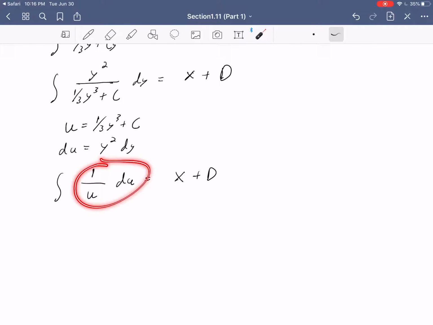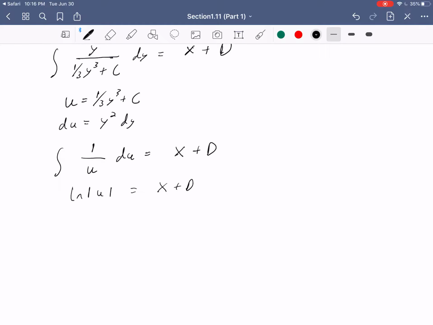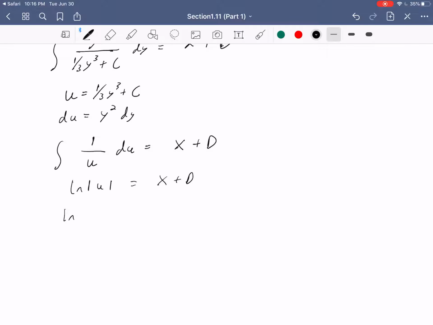Then we can go ahead and integrate that. That's going to be ln absolute value u is equal to x plus d. Throw that stuff in. Ln absolute value of 1/3 y cubed plus c is equal to x plus d.